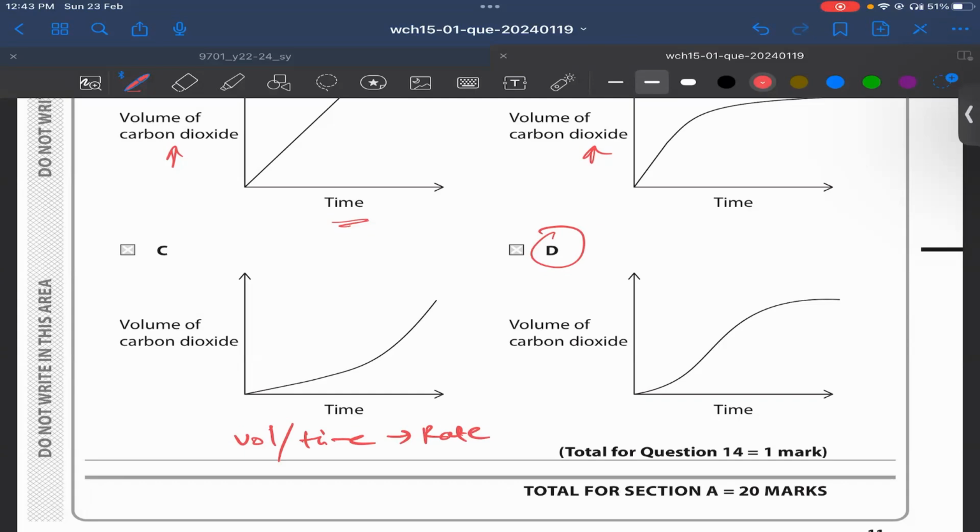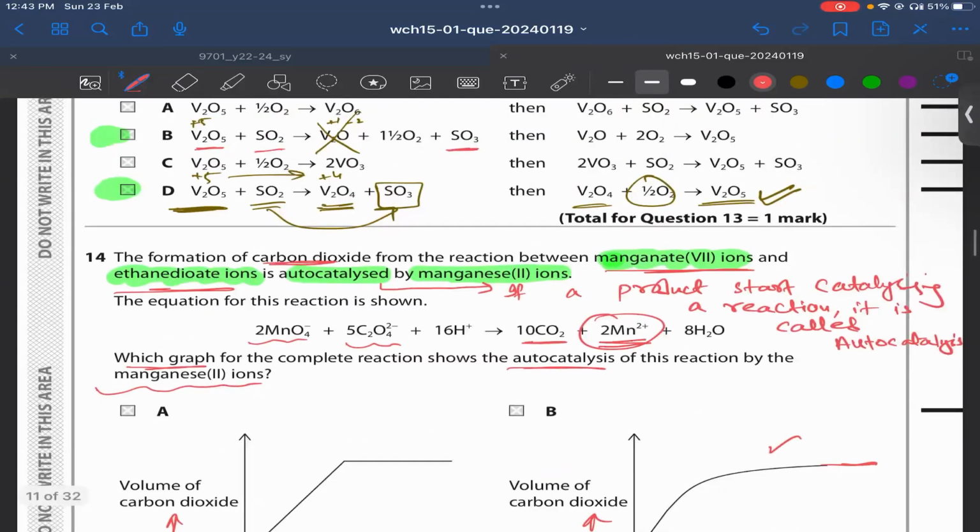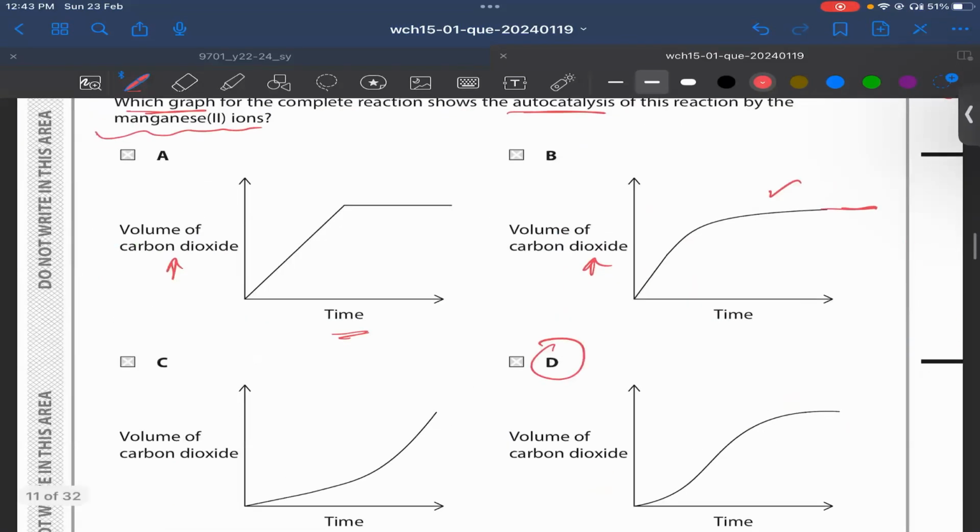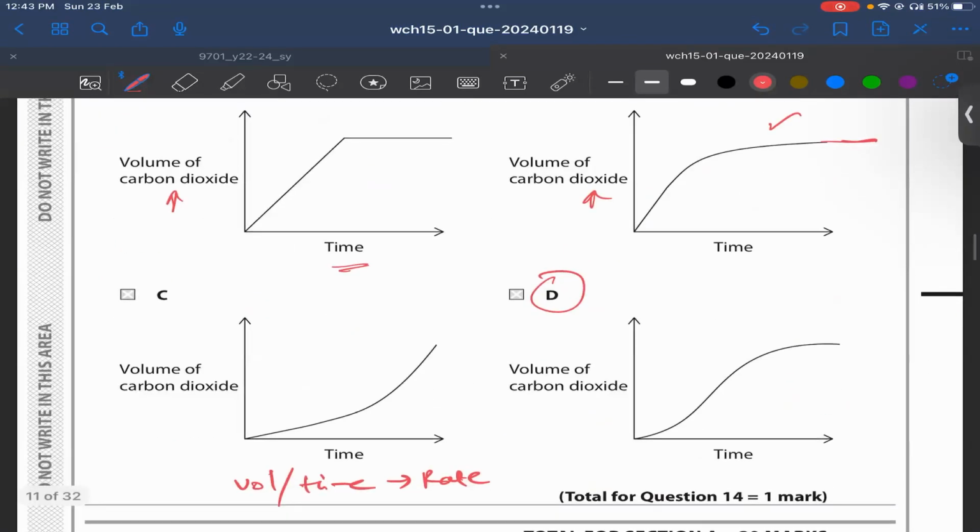Initially the rate would be slow because at the start there is no Mn2+ or very little Mn2+. So it starts with a low slope. But as soon as Mn2+ starts forming, the graph gets steeper and steeper, and ultimately it goes constant. For an autocatalytic reaction, it would always be like this: initially slow, then it takes speed, then it becomes faster and the graph gets steeper. So this will be the answer. Is it clear? Yes, sir.